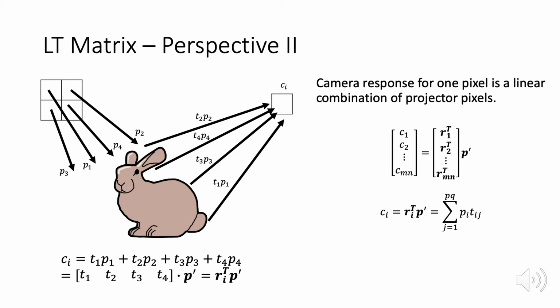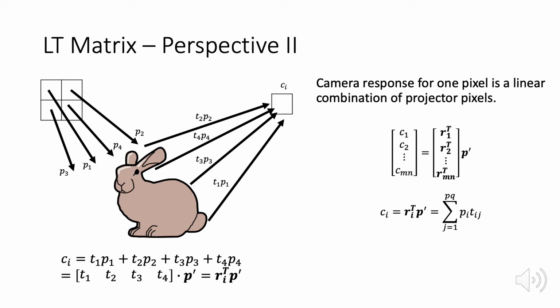Here's a concrete example. Consider the projector has only 4 pixels, which emit P1 up to P4 irradiance to the scene, and we only consider 1 pixel in the camera, which is Ci in this scenario. The returning irradiances to Ci are T1 times P1 up to T4 times P4. This is true because of the linearity.